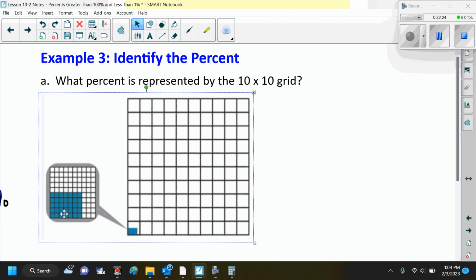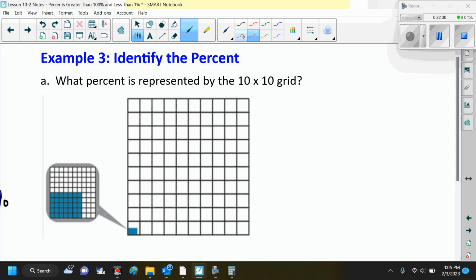This is 35 hundredths, right? So that's 35 hundredths of 1%. This is one whole percent. So that's 35% of 1%. Let's say it like that.